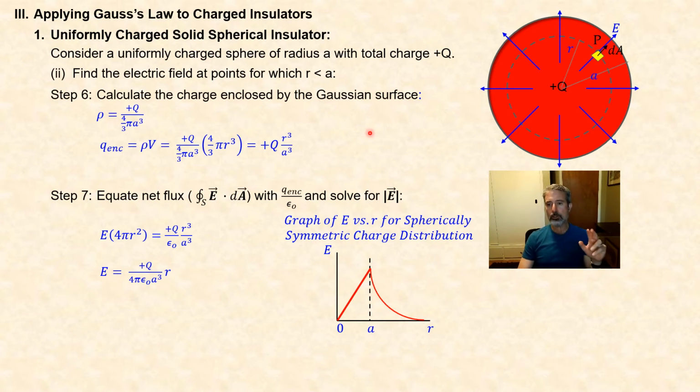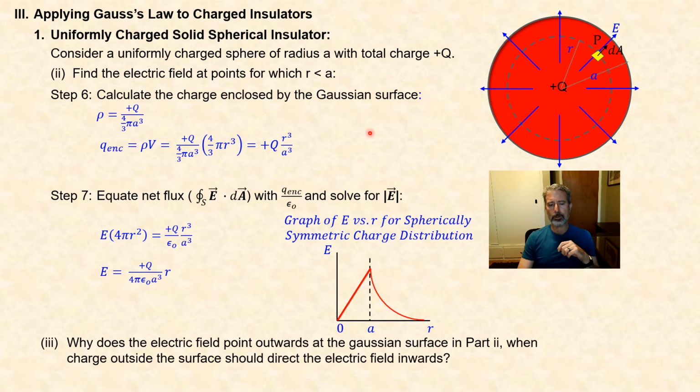I want to go back to a point that I said we would come back to, and that is why does the electric field point outwards at the Gaussian surface here in this part, when we look at charge outside the surface? Shouldn't that direct the field inwards?